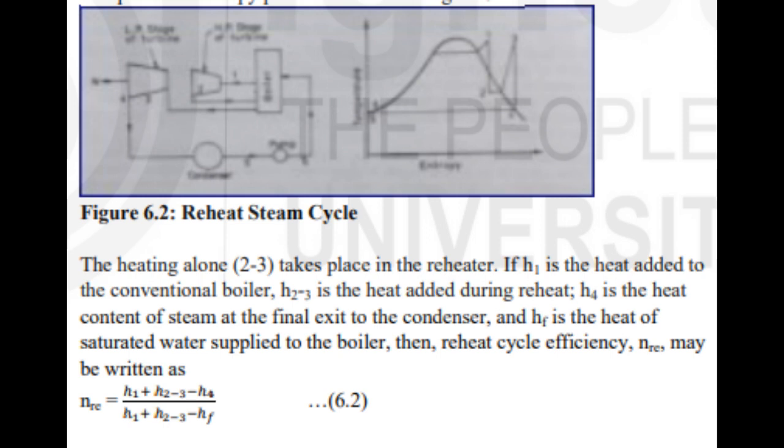Thus, the benefits of reheat are: it makes use of high initial pressure and temperature, hence increasing thermal efficiency, and it improves the plant efficiency. The reason for this gain is the increase in the average temperature at which heat is added to the cycle. In modern plants, reheat is always used with regeneration.